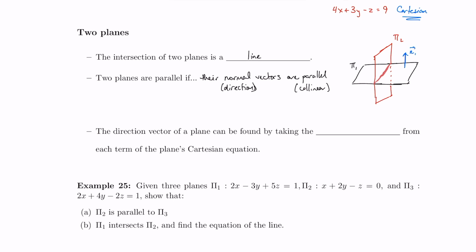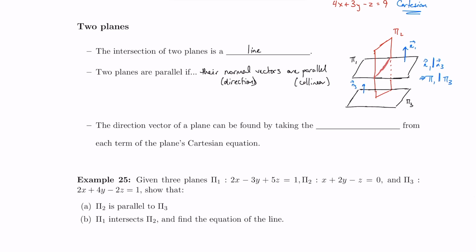So if I imagine a second plane below it that is parallel to it, call this pi 3 now, keeping track, and I find this other normal vector right here, we can see that these two normal vectors in blue are collinear with each other. So n1 and n3 are parallel, which means that their planes are also parallel.